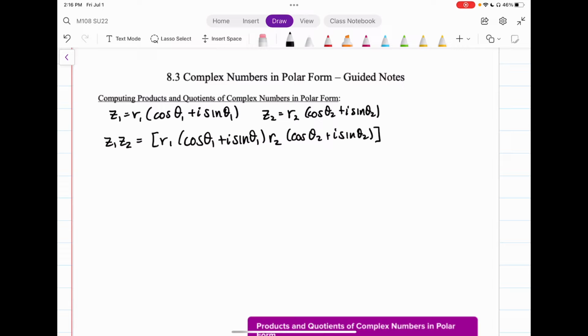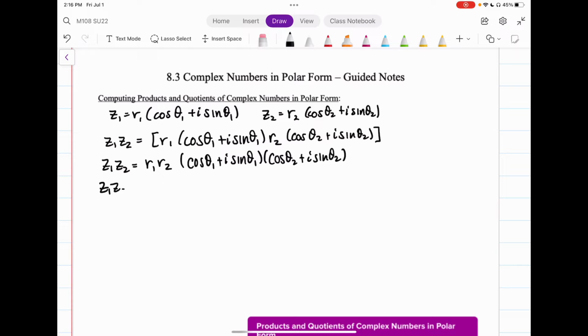Well, then we multiply r1 times r2, but then we have some foiling to do with the trigonometric functions. So z1 z2 is equal to r1 r2, but we still have (cosine theta 1 plus i sine theta 1) times (cosine theta 2 plus i sine theta 2).